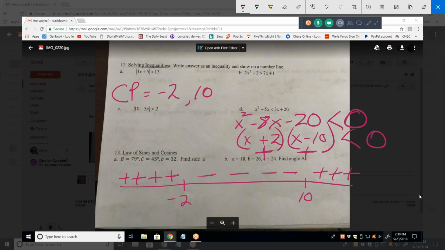Now tell me what the solution set is. Remember what we're trying to solve for. Oh. It's less than 0. So what's our solution set? Less than 0 means negative. Greater than 0 means positive.